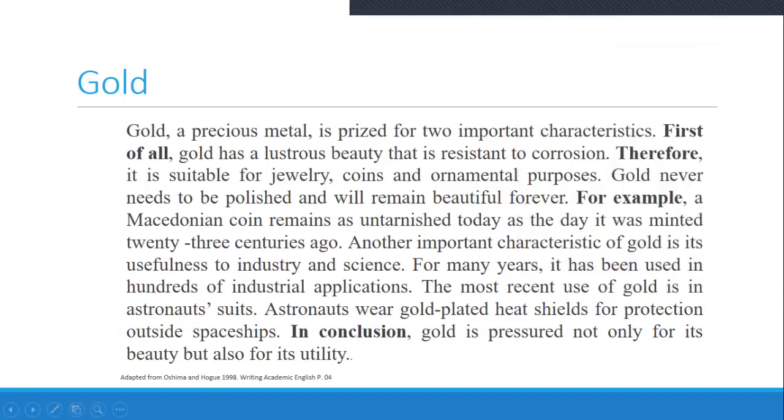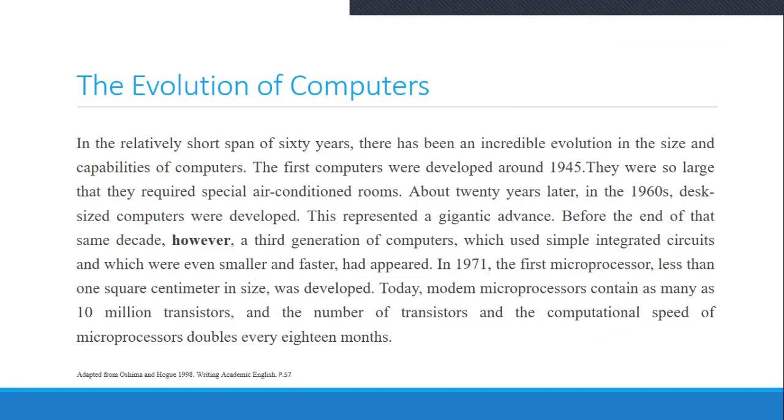So chronological order. This paragraph is written according to the chronological order, right? It first of all talks about 1945, then it moves on to 1960, then it goes on to talk about 1971, and then the present situation of computers, right?